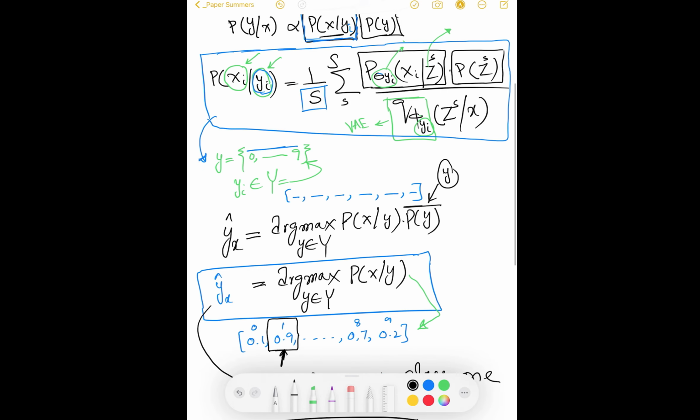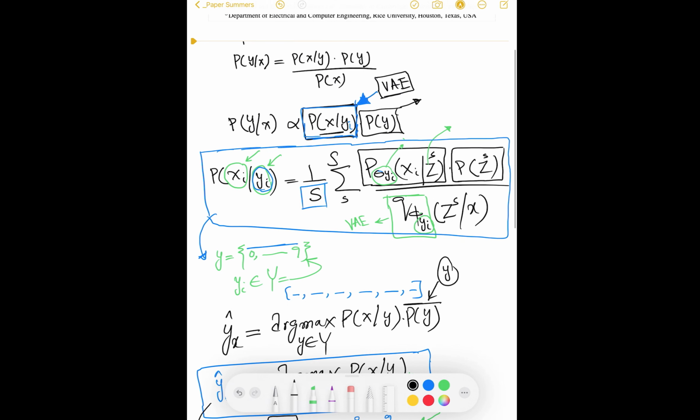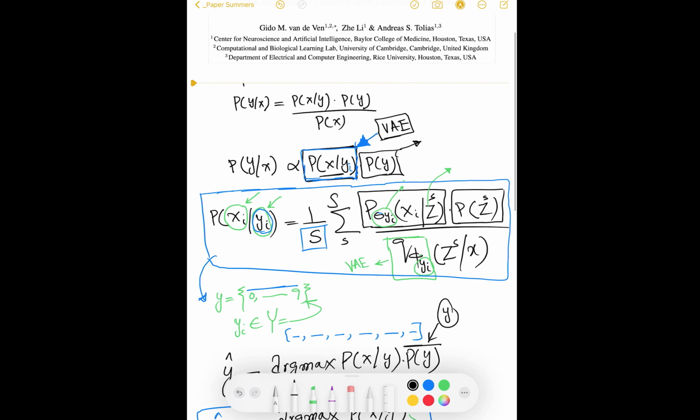So this is the whole paper. So quickly summarizing the methodology of this paper. The author actually reformulate the whole problem in a very intelligent way.